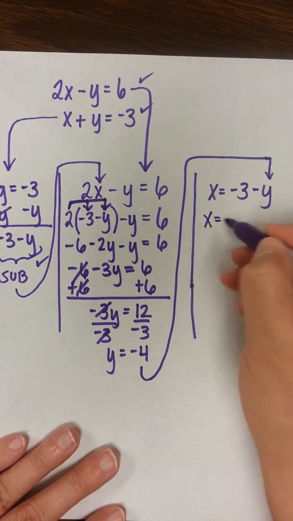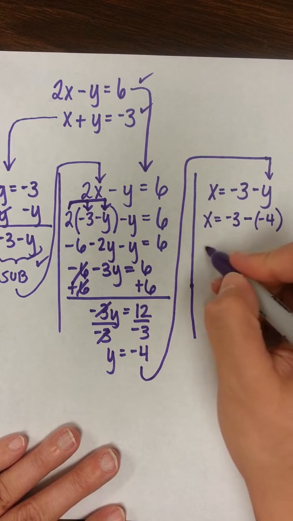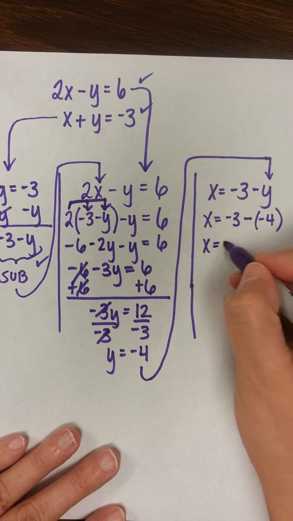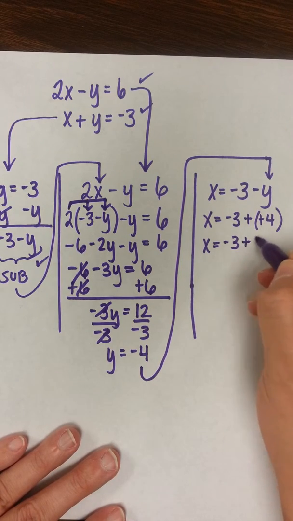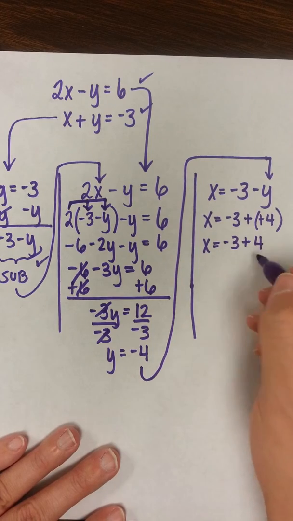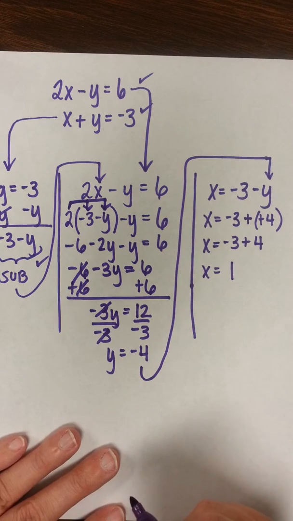So I have x equals negative 3 minus, and in place of y, I'm putting negative 4. Remember that this becomes plus a positive, so that's like plus 4. Signs are different, so I subtract the numbers and keep the sign of the larger one.